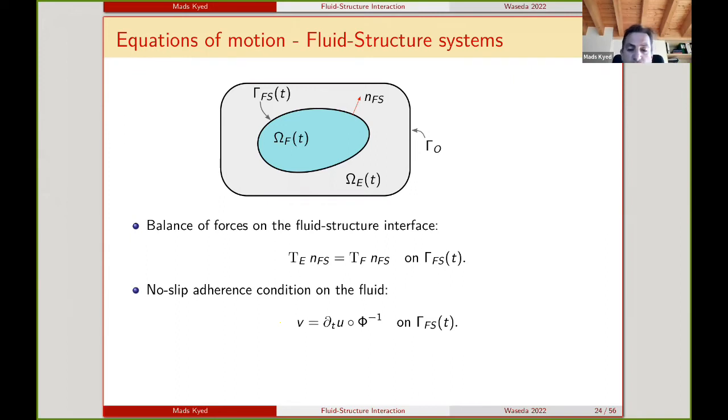Okay, so the no-slip boundary condition states that a particle in the fluid adheres, so doesn't slip on the boundary. Now the boundary in our case, at least on the fluid structure boundary, is of course moving, because it's the boundary of a deformable material, and the velocity of the boundary point is given by d_t u.